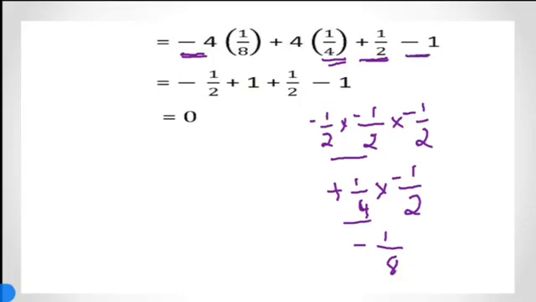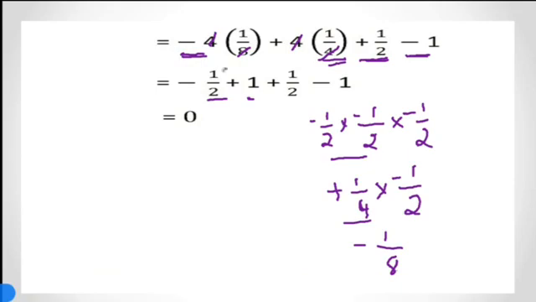Now just divide, 4 ones are 4, 4 twos are 8. We get 1 by 2 here minus 1 by 2. Here 4 into 1 by 4 cancels here. We remain with 1 plus 1 by 2 minus 1 by 2.